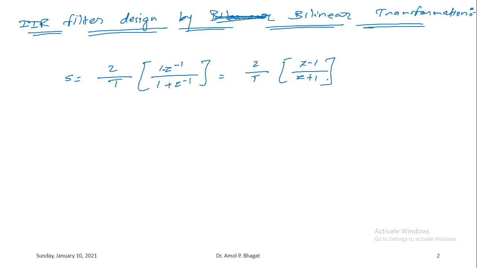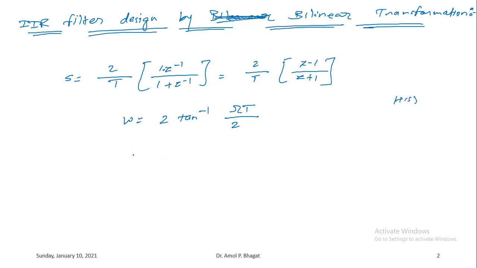Here we'll be using one frequency, which is also called the resonant frequency. The value of that resonant frequency has the form omega equals 2 tan inverse of omega T upon 2, where the Omega value depends on the system function H of s.